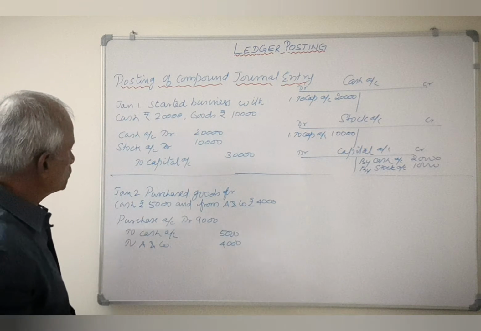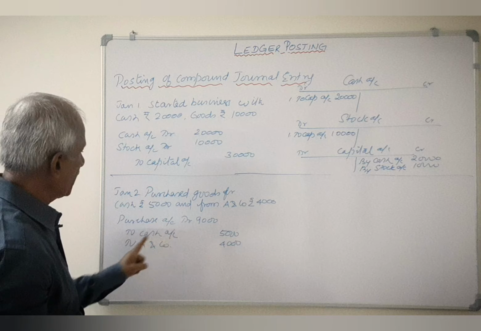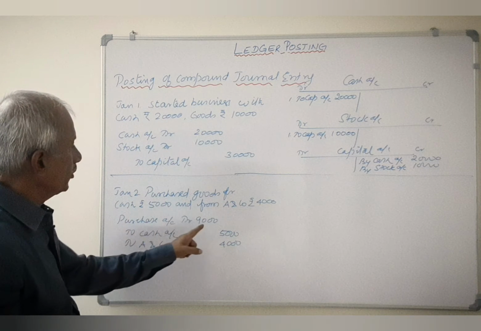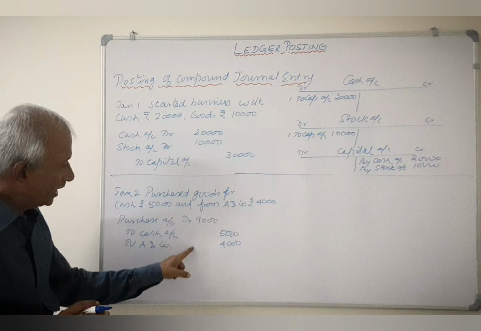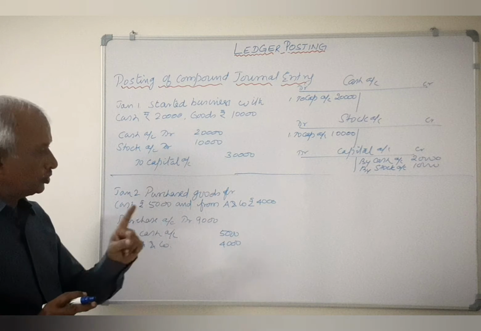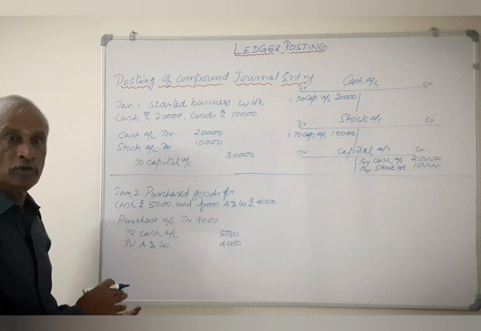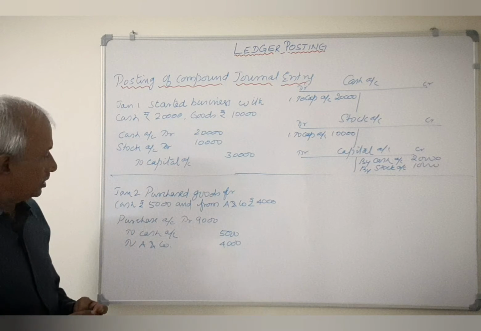Then let's go to the next one, purchase account debtor to cash and to AN company account. On the debit side of the purchase account you have to record 9,000. You have to write the name of both the accounts to get 9,000 rupees. That is the only difference between simple journal entries and compound journal entries.